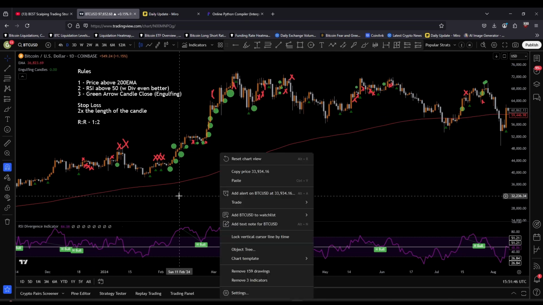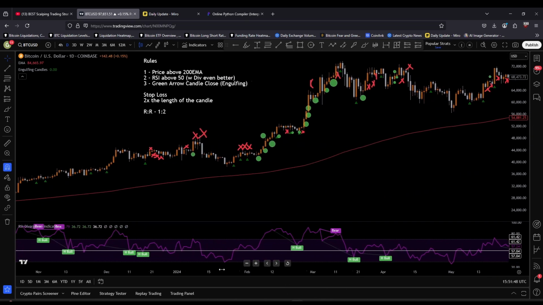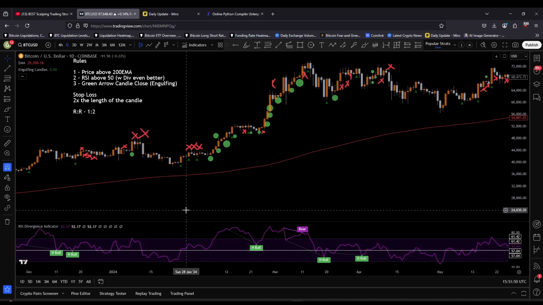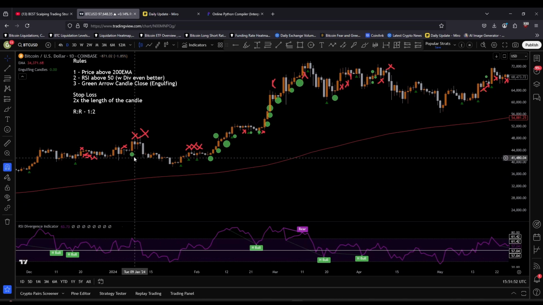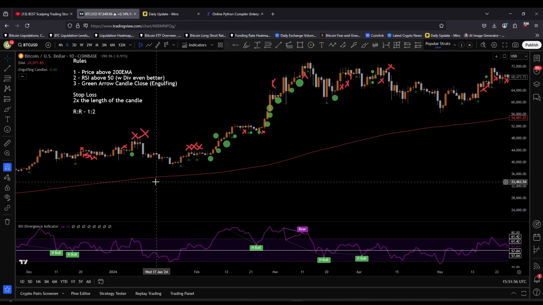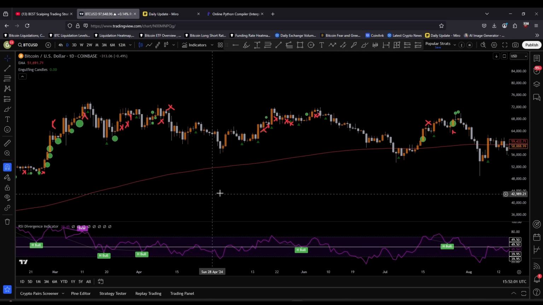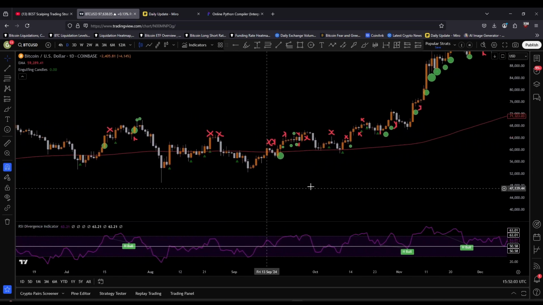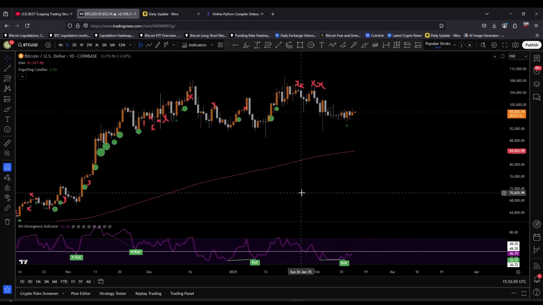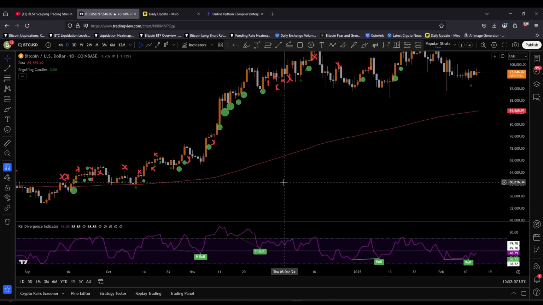So as you can see here, I've already done the work. But just for transparency, red cross, fail, green dot, pass. So I've just gone through 100 trades, back tested them from where we are today, which is around about a year's worth of data.